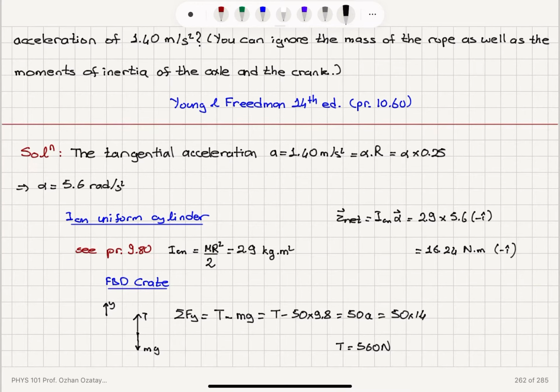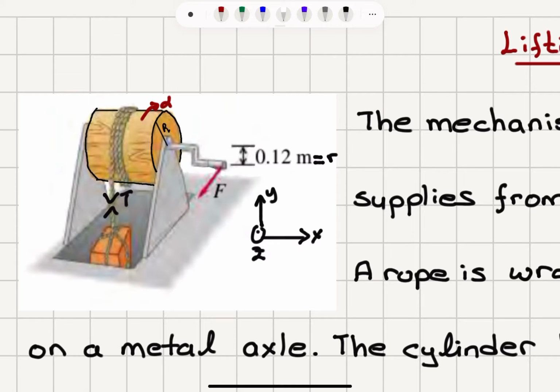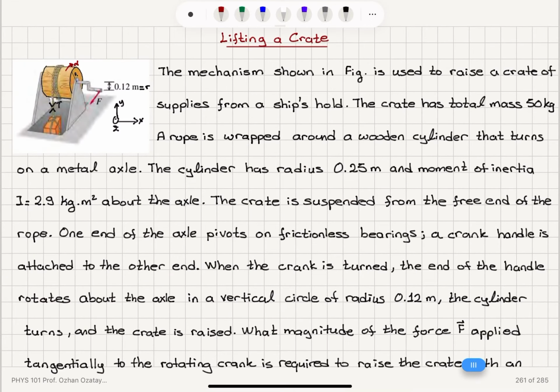Now we need to concentrate on the torque on the cylinder. You can see that this tension is pointing down on the cylinder, and R cross T will give us a torque due to tension in the i hat direction. So this is going to be the application point of the force. We start from the center, R cross T. We point towards the application point, curl our fingers towards the tension, and the thumb points in the plus i hat direction.